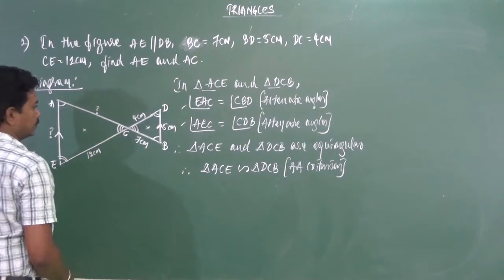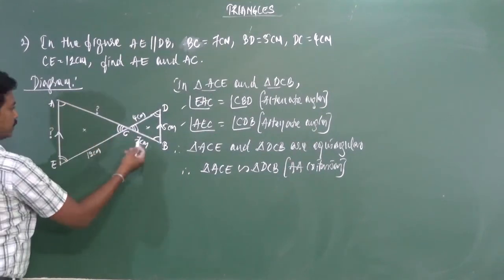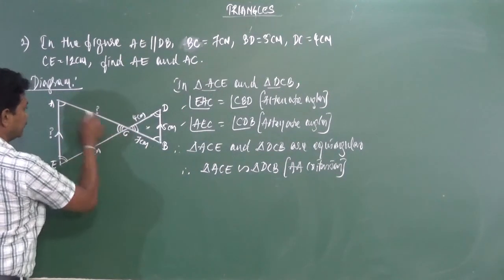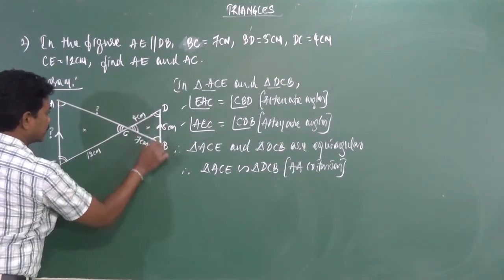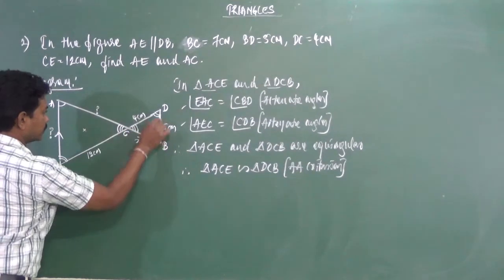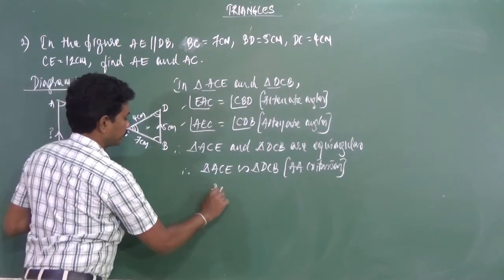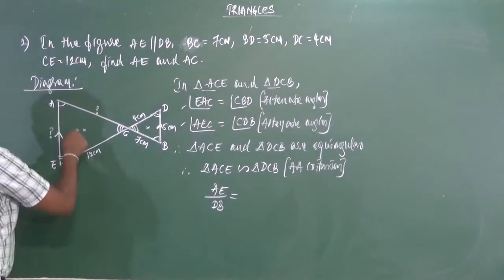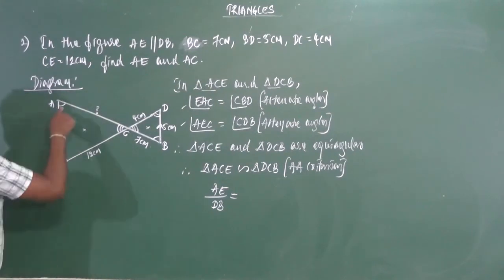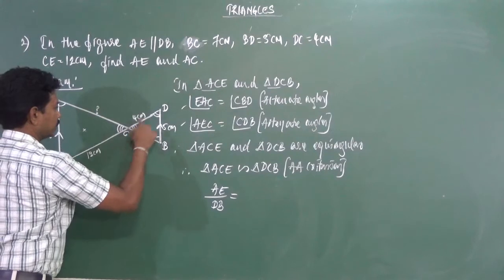So now we will mark the proportionality. We will start with the third angle. In triangle AEC, for the third angle the opposite side is AE, and in this triangle for the third angle the opposite side is DB, that is AE by DB. Then we go with the first angle. For the first angle the opposite side is EC, and in the other triangle it is CD.